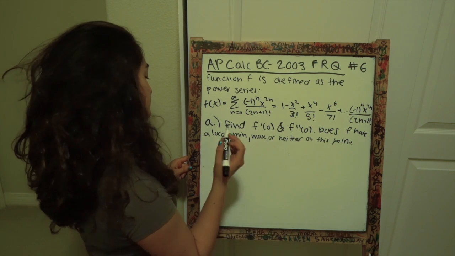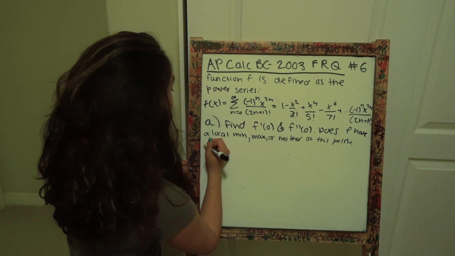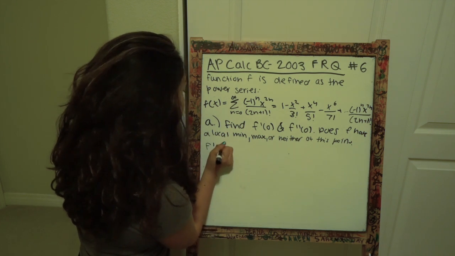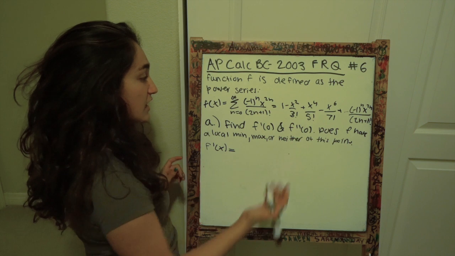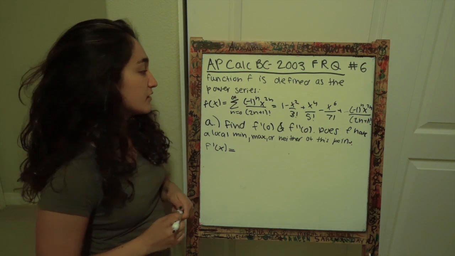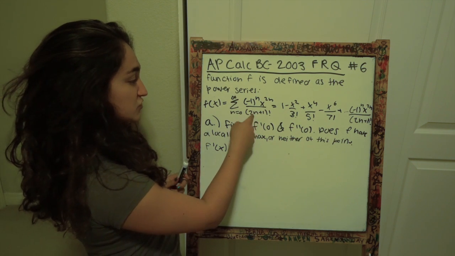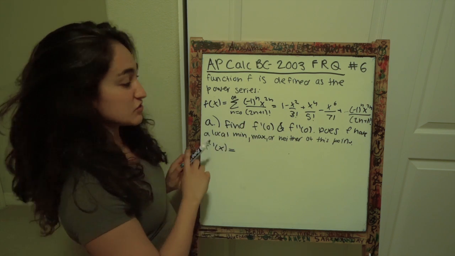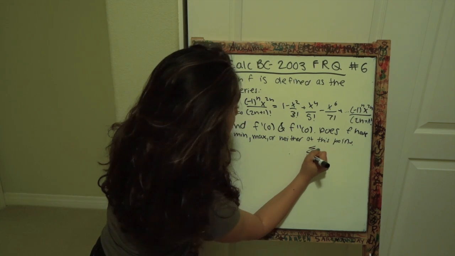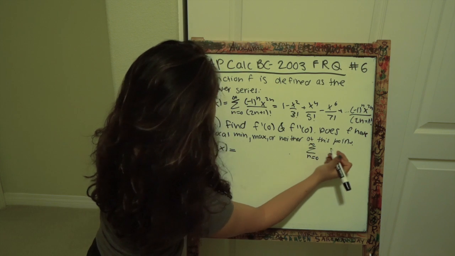So basically, using what we know about derivatives, we can find f prime of x. My approach to this question was to find the derivative of the terms. I personally find that easier, but sometimes people will also take the derivative of the actual power series. For example, if you were to take the derivative, it would be the sum from n equals 0 to infinity.